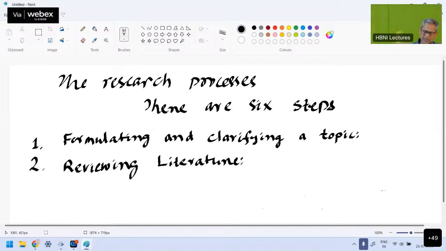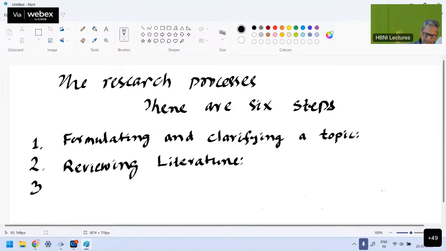So you must pick a topic about which there is a significant gap in the literature, and that will be your area of interest for research. By addressing the gaps in the literature, you can contribute to the body of knowledge.